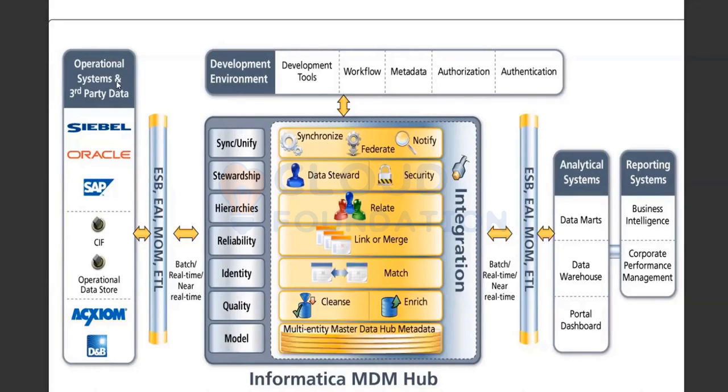All the applications which the company or the customer is handling are called external source systems. Whenever the MDM journey starts, we always analyze all these source systems. All the data will be analyzed for three or four major reasons.